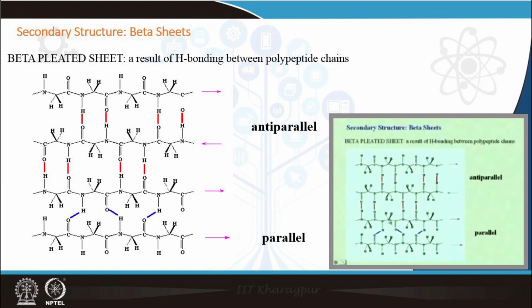So when the amino acid in a beta strand forms hydrogen bonds with two different amino acids, it is a parallel beta strand. When the amino acid forms hydrogen bonds with the same amino acid, it is an anti-parallel beta strand. Okay? So this is the hydrogen bonding difference between the two.